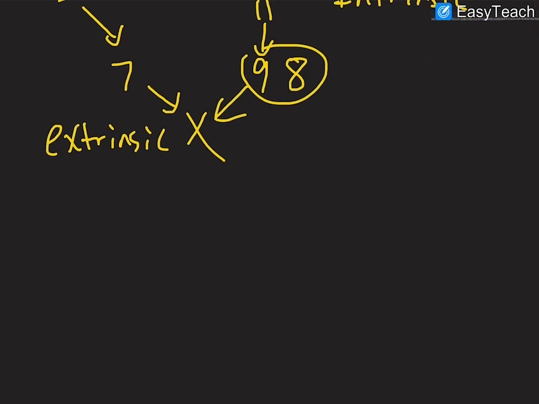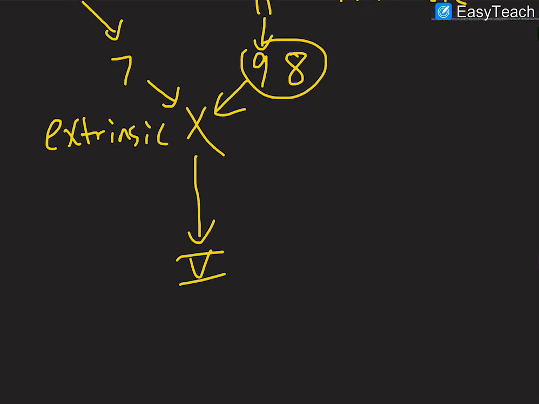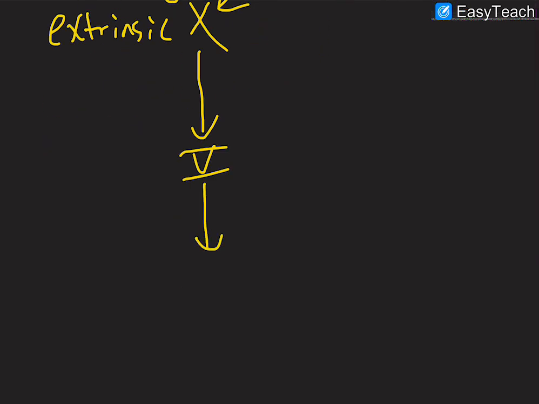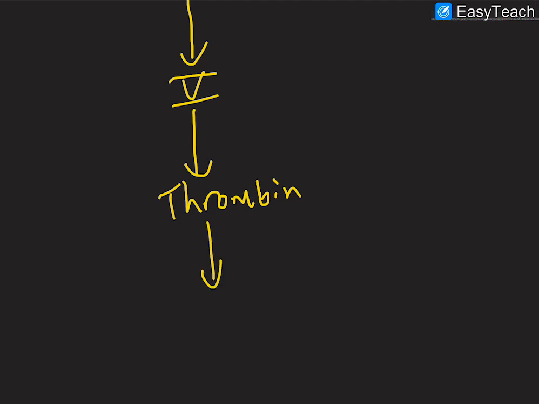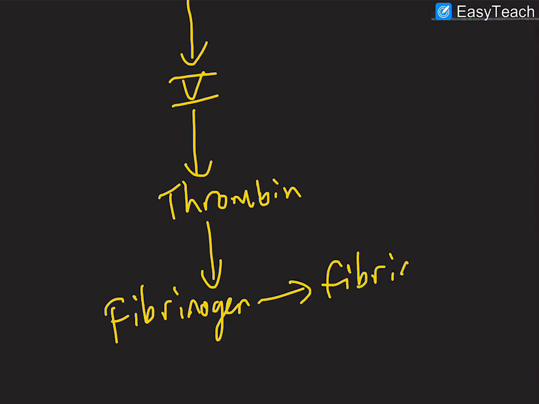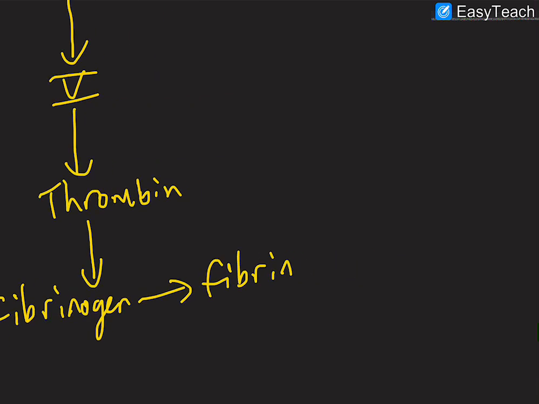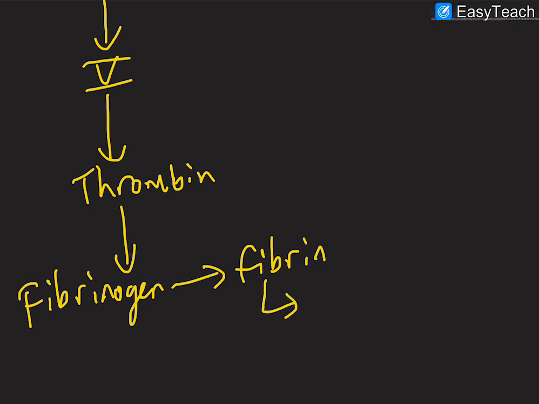And then, of course, we know the common pathway is factor 10, eventually activates factor 5. Factor 5 eventually activates thrombin or factor 2. Then thrombin can help convert fibrinogen into fibrin, and fibrin can help form a stable platelet plug by cross-linking the weak platelet plug, right?